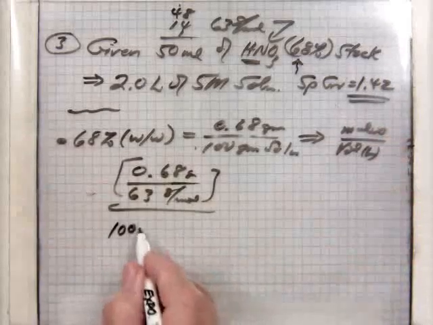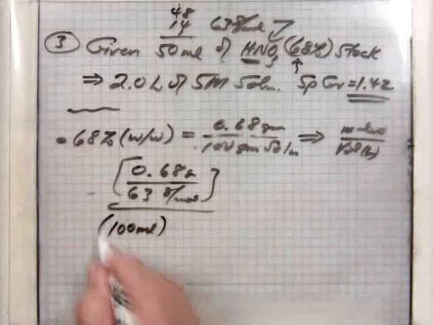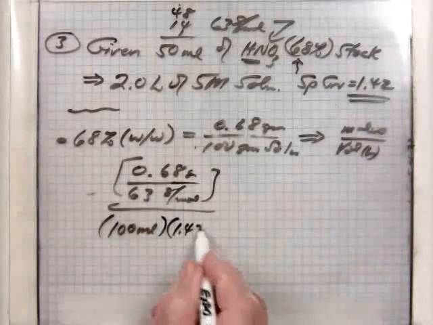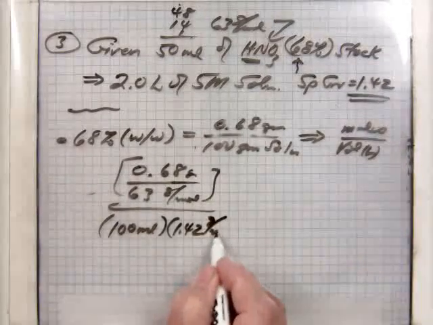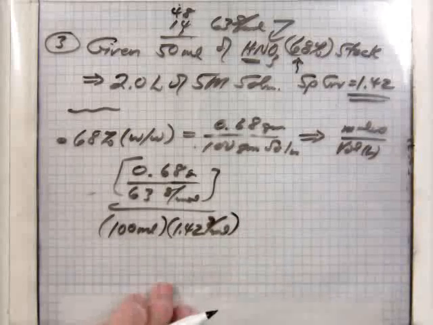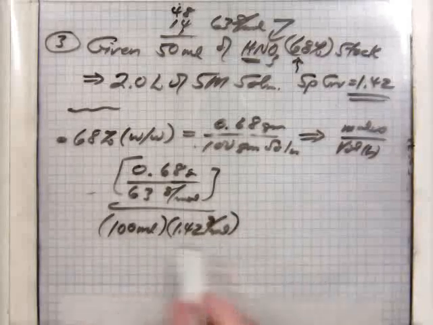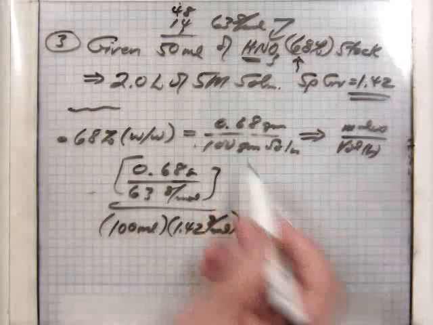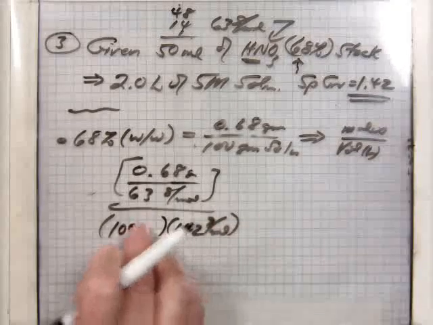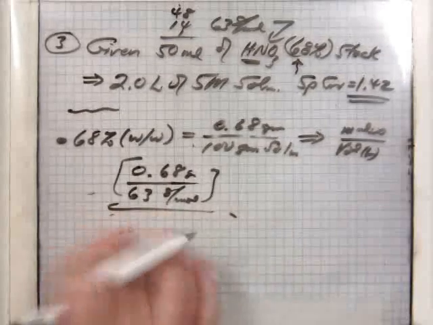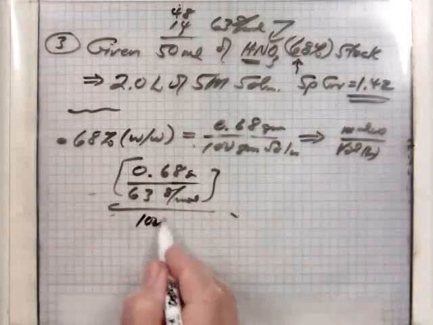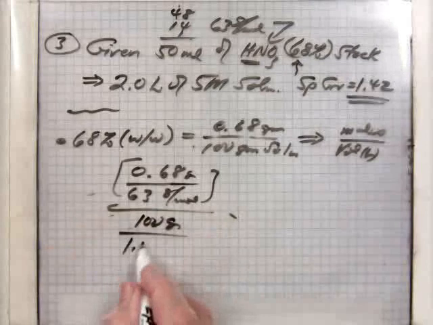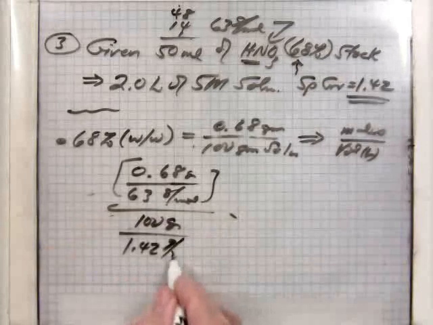So if you have 100 milliliters times 1.42 grams per milliliter, that sounds like it'll give you grams. Let's see, 100 grams. Oh, wait a minute, I'm doing that wrong. It's 100 grams over 1.42 grams per milliliter.